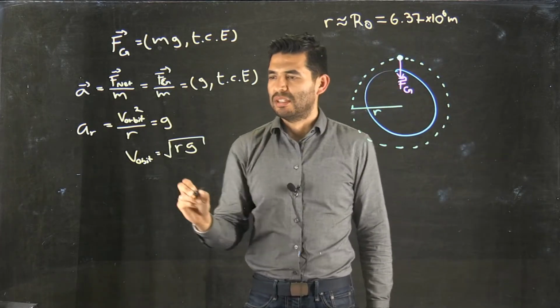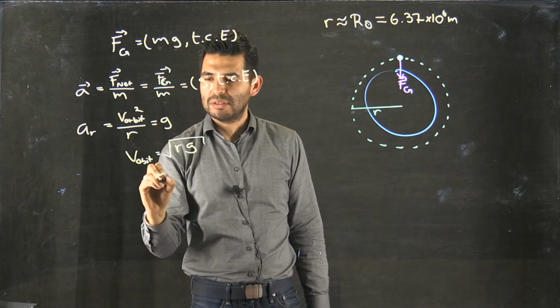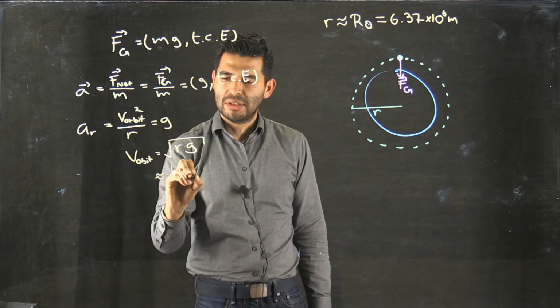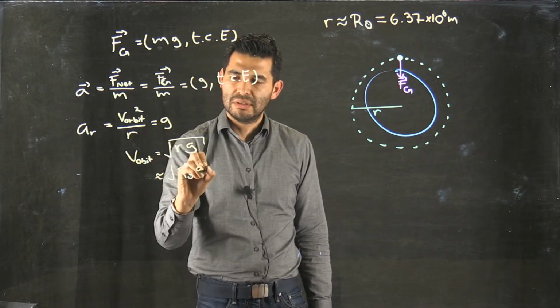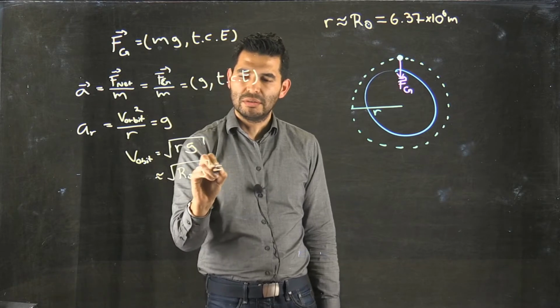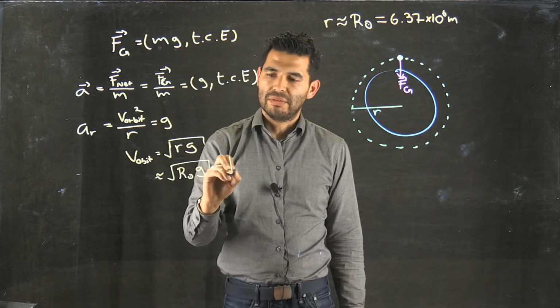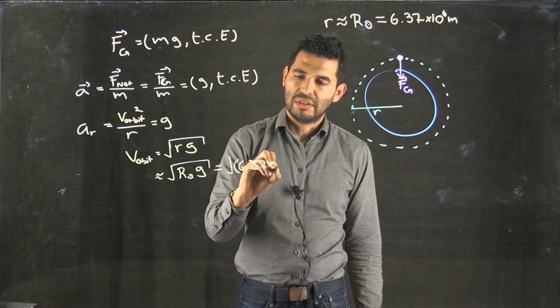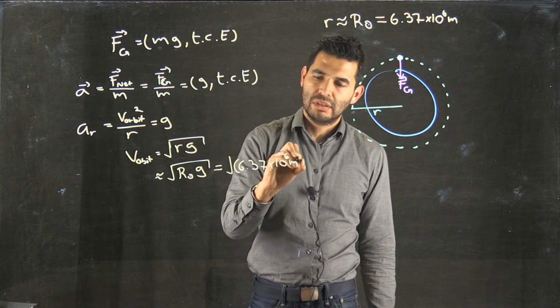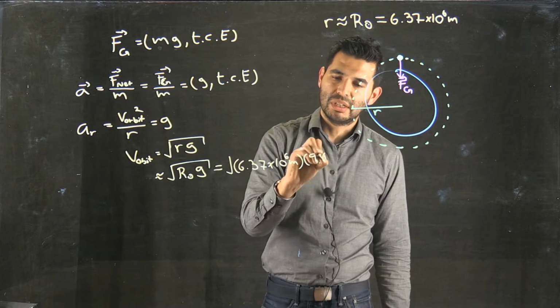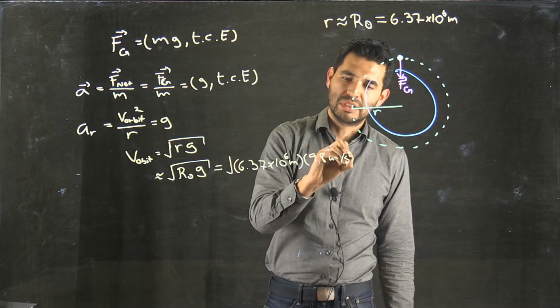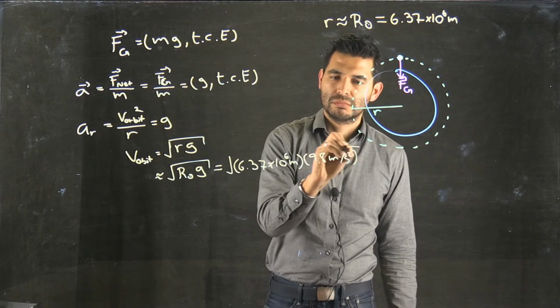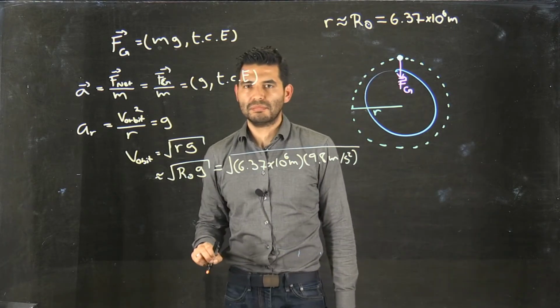So let's plug in that number in here. So this is going to be approximately radius of the Earth times free fall acceleration, which then I'm going to have the square root of 6.37 times 10 to the 6 meters times 9.8 meters per second squared. Square root of all of that.